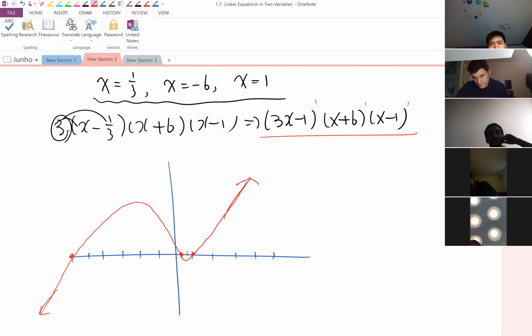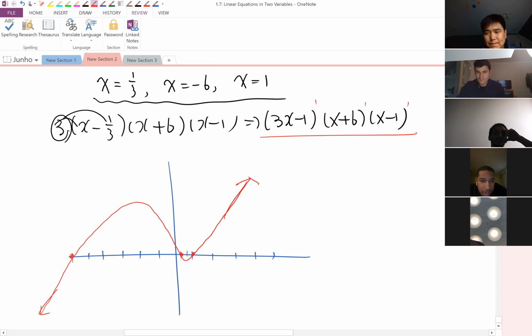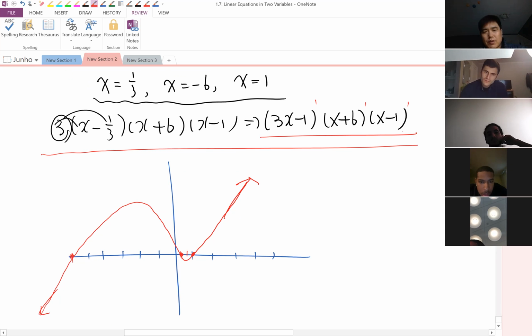I have seen this question on the final already twice or three times. So you should know clearly what to do, so that when you see these questions on the exam, you won't lose any point. I don't know whether you have to draw the graph, but up to here, I always see that on the final exam.